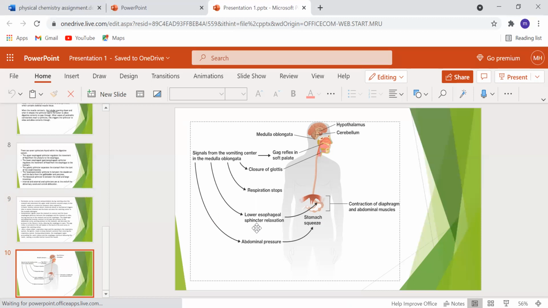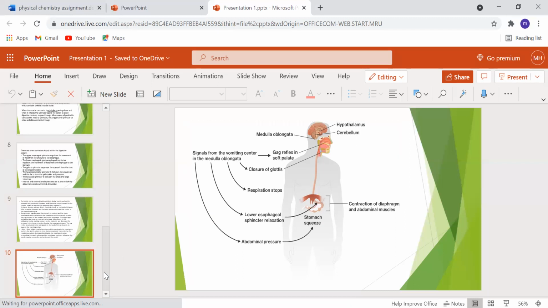It shows the lower esophageal sphincter relaxes, respiration stops, and the glottis closes, so that our vomiting contents do not enter our respiratory system. Gag reflex in soft palate. In this way, we will vomit.